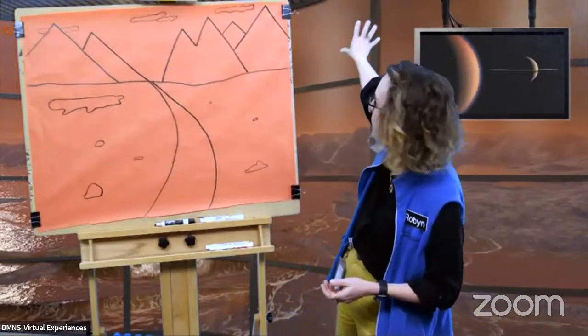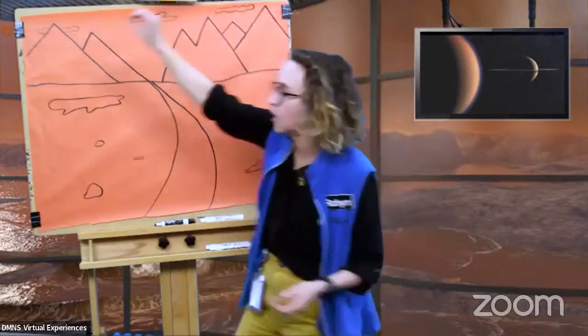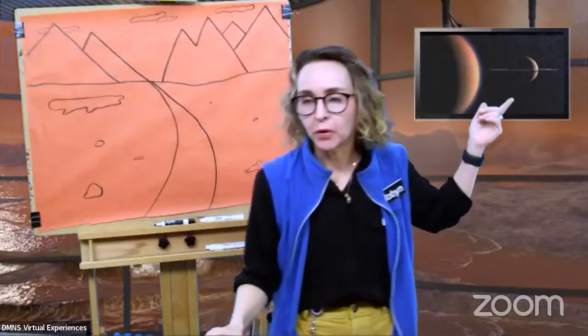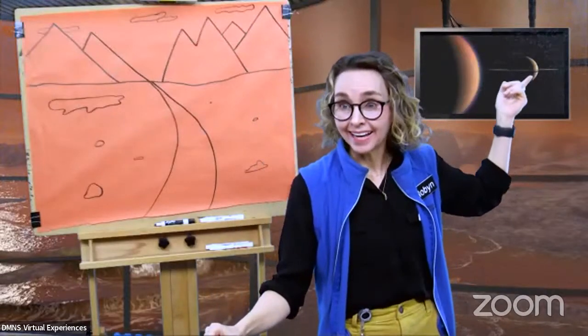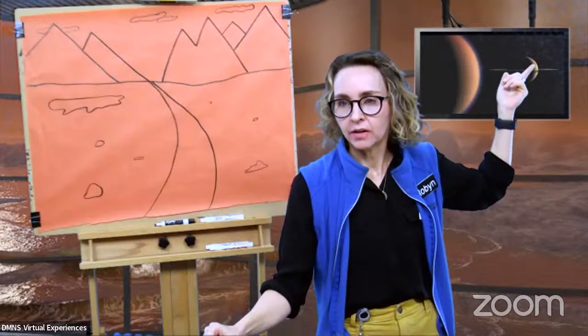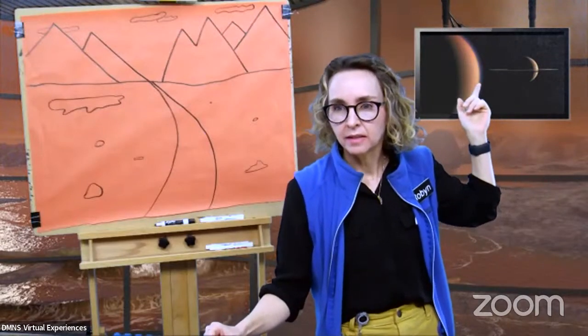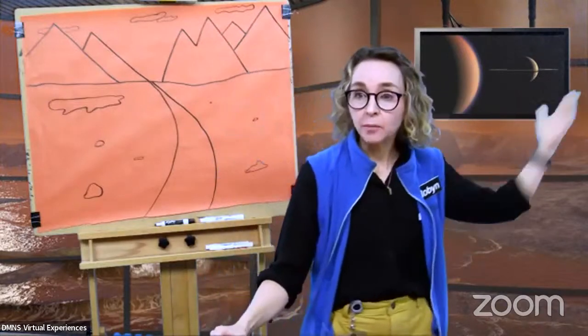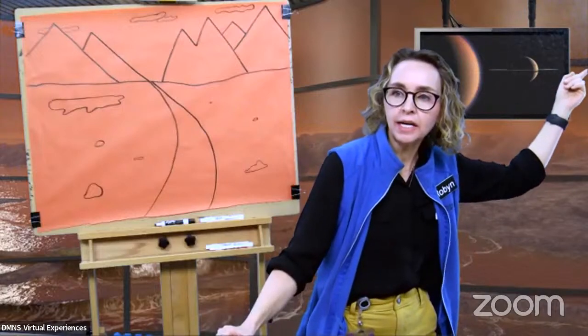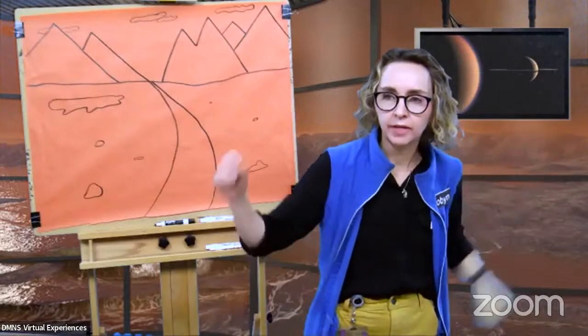Do I want my sun to come from this side, or from the other side? Here in my example, you can see the highlight is on this part of Saturn and this part of Titan, and the dark part, the shadow, is on the other side. That means my sun is shining from this way, right?